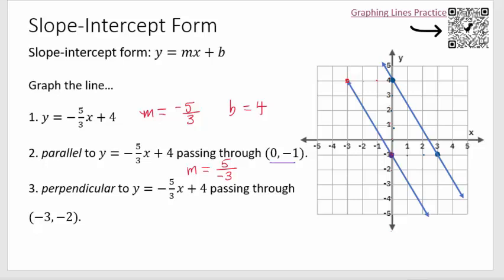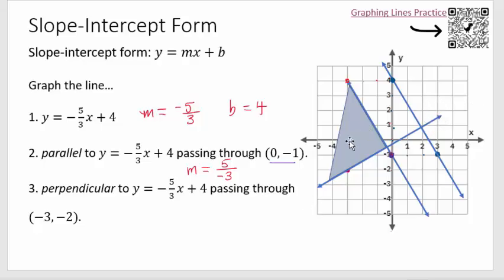And another example, we want to draw a line perpendicular to the original line, passing through the point (-3, -2). So once again, I'll plot the point at (-3, -2). And then to help me know where I'm going to draw my new line, I'll just make sure that it is perpendicular using this right angle in this right triangle, and hopefully find a line that looks something like this.